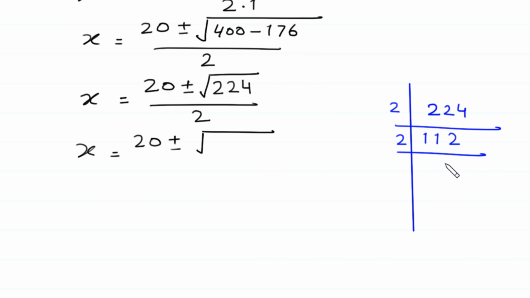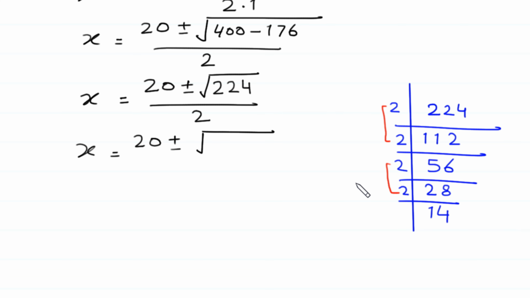Again divide by 2, 2 times 4 is 8, and 2 times 8 is 16. Again divide by 2, 2 times 16 is 32, and so on. So we have here 2 times 2 and here 2 times 2.